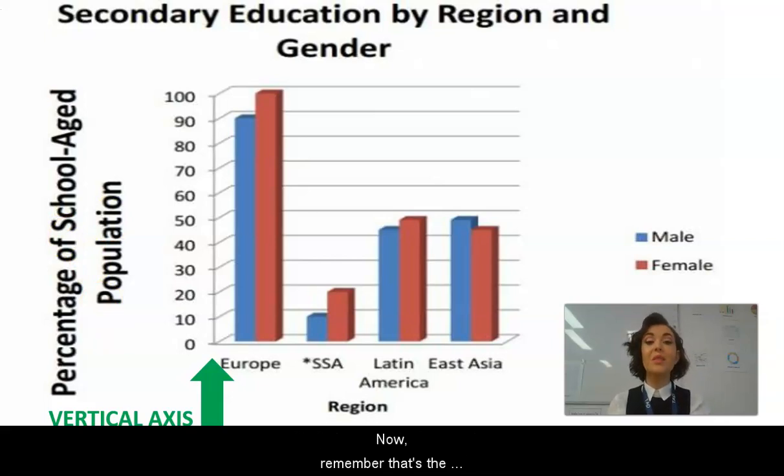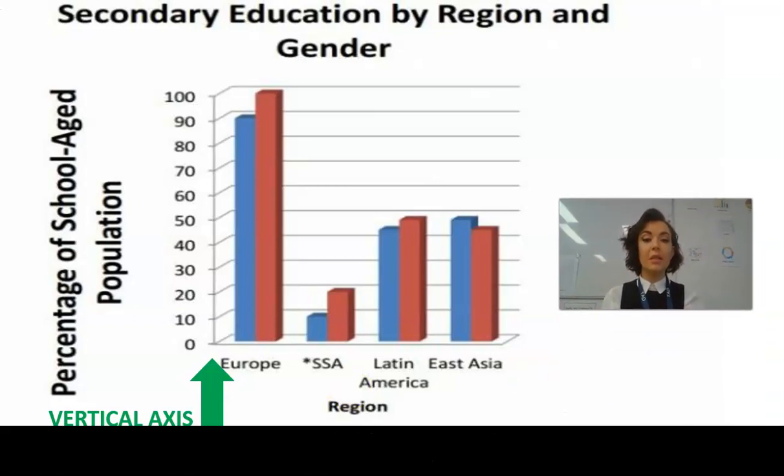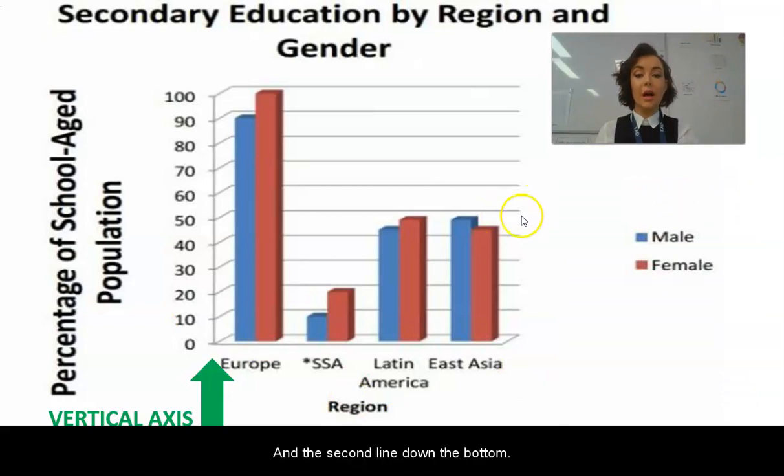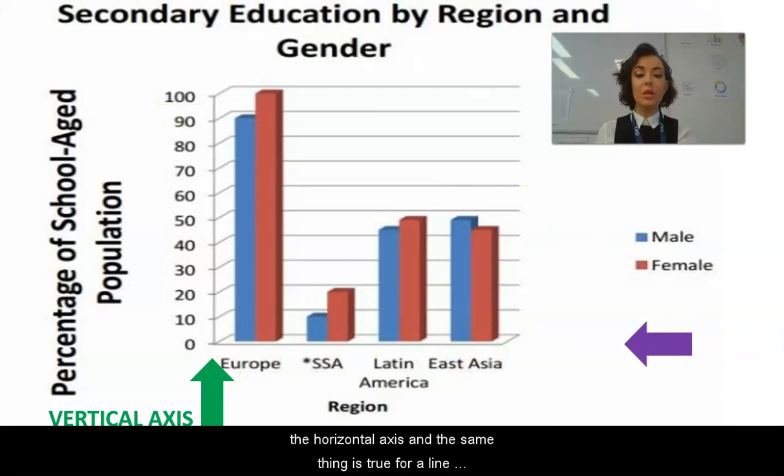Now remember, that's the percentage of the total population. It's not just the population. It's the percentage of the population. And the second line down the bottom here is called the horizontal axis. And the same thing is true for a line graph.